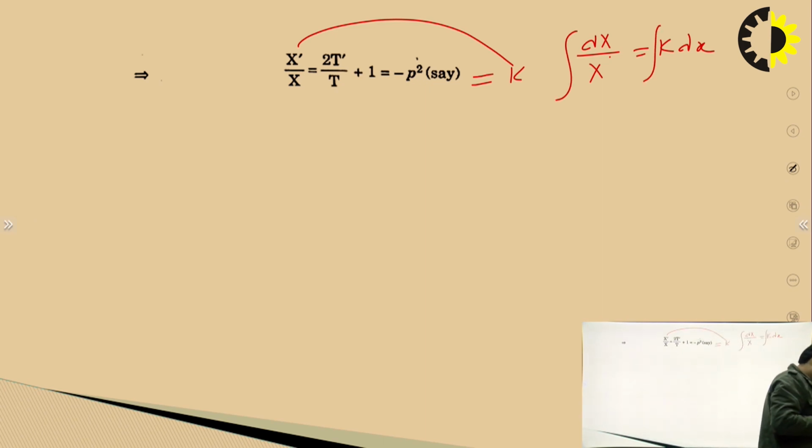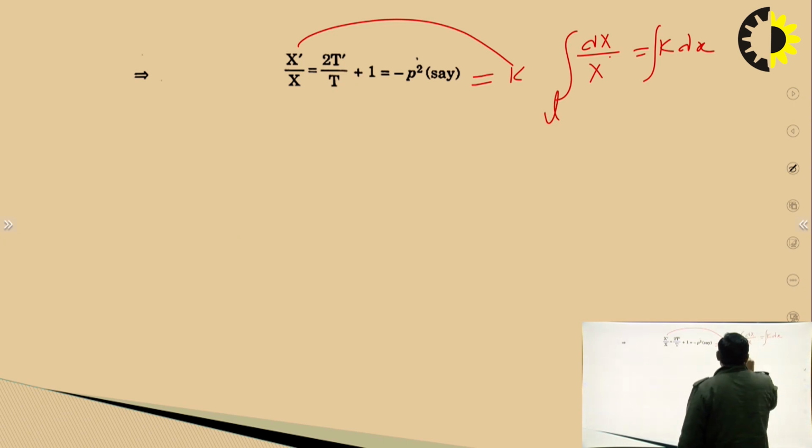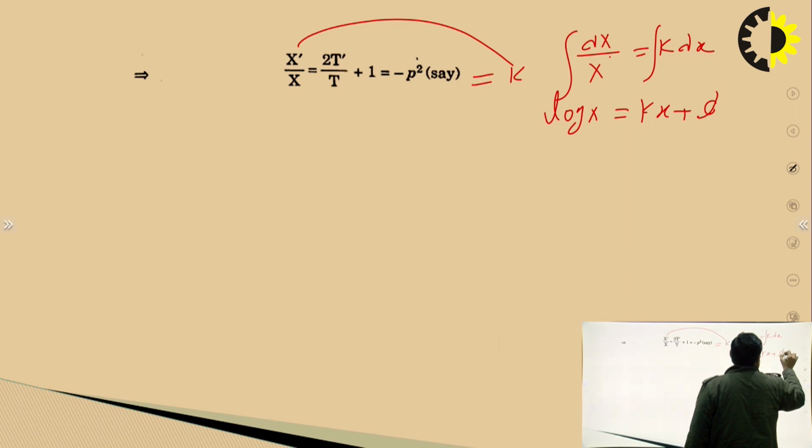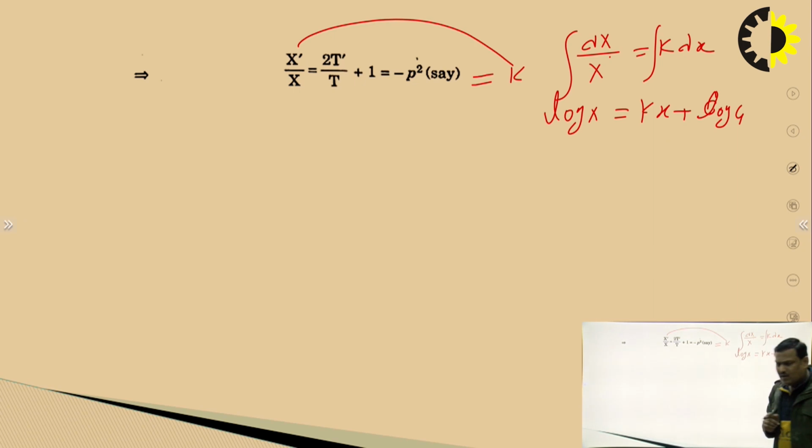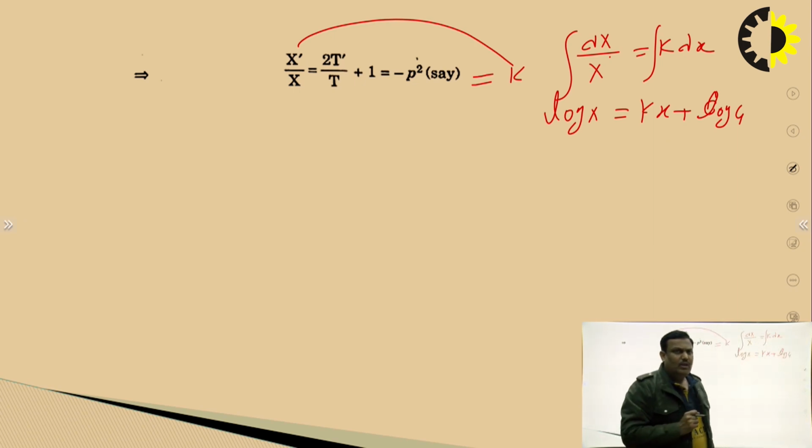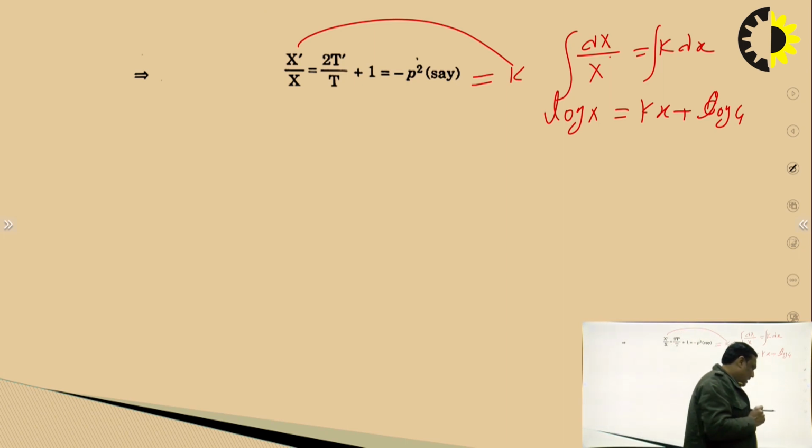Integrating both sides for separation of variables, the integral of dX upon X gives log X equals kx plus log c1. The constant may be taken as anything, but since the function is log X, we take the constant in the form of log. Up to here we see two terms, log and kx only, an algebraic function.